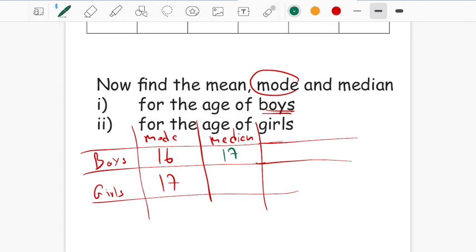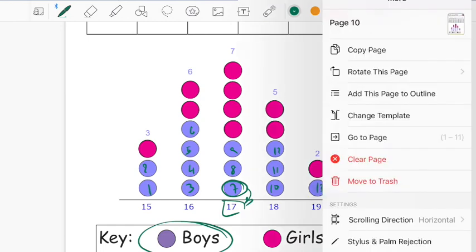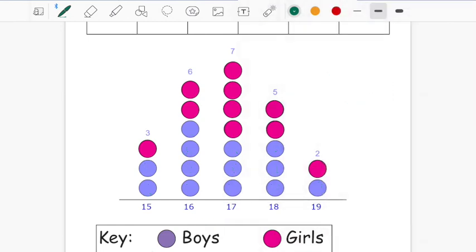Okay, let's see for the girls. Let me clear this. For the girls, it's going to be 1, 2, 3, 4, 5, 6, 7, 8, 9, 10. We have 10 girls. So the middle value will be at the 5.5 position, which means I need to find the 5th position and the 6th position, and it will be between those.